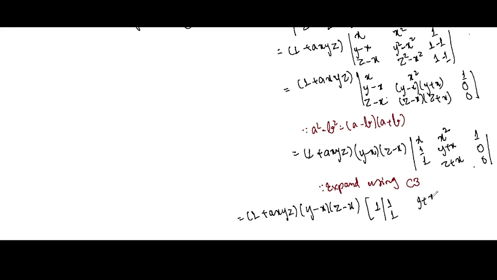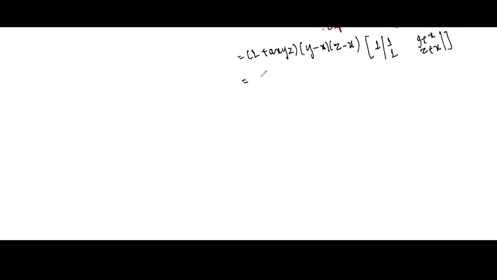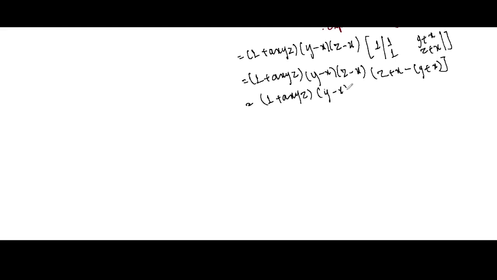This equals 1 plus a, x, y, z into y minus x into z minus x into, now 1 into z plus x is z plus x, negative sign, and then 1 into y plus x gives us y plus x. It is equal to 1 plus a, x, y, z into y minus x into z minus x into z plus x minus y minus x. X and minus x are cancelled.